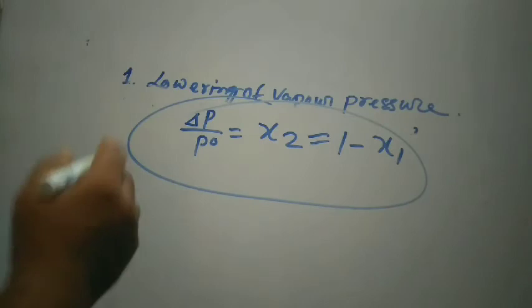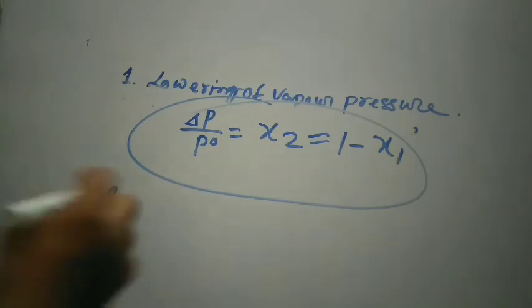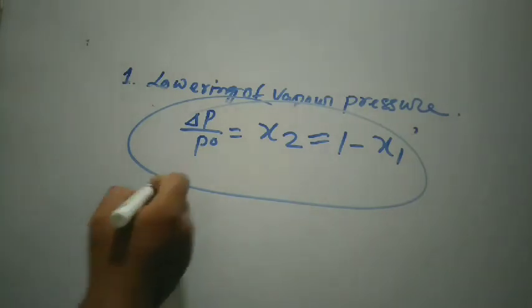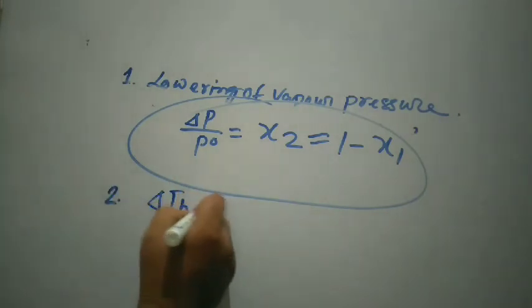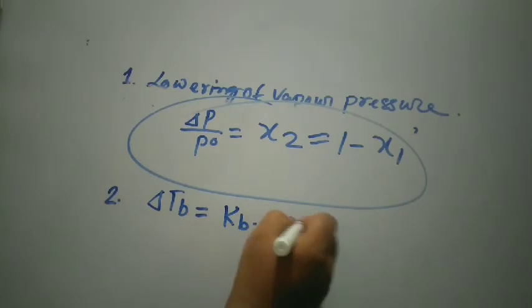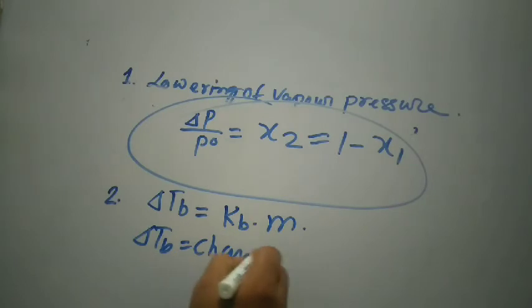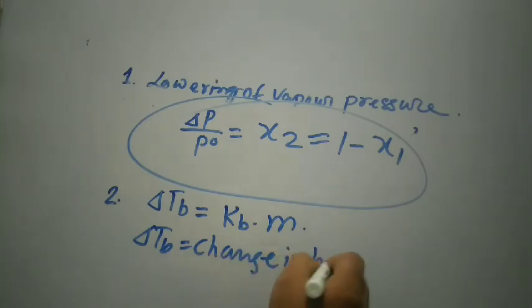Okay, so second is elevation of boiling point, and to calculate the elevation of boiling point we use the formula delta TB equals KB into m, where delta TB is the change in boiling point, change in BP. BP means boiling point.